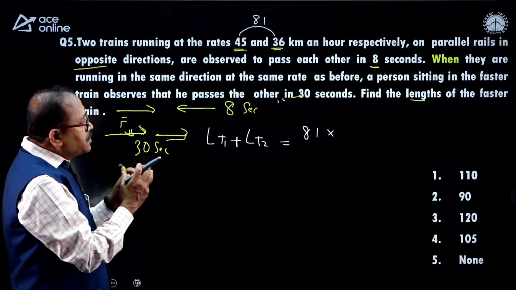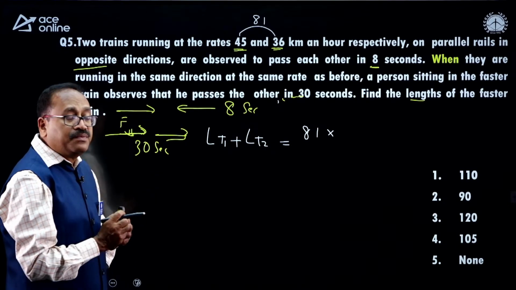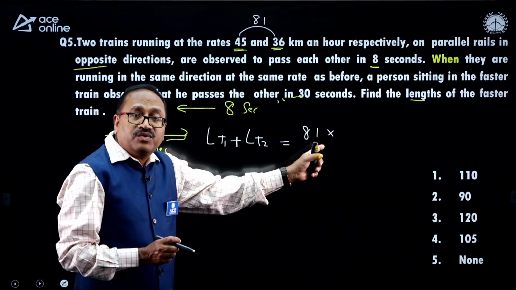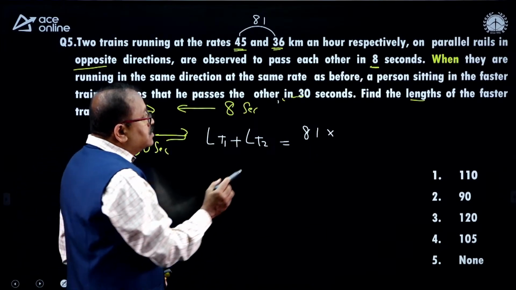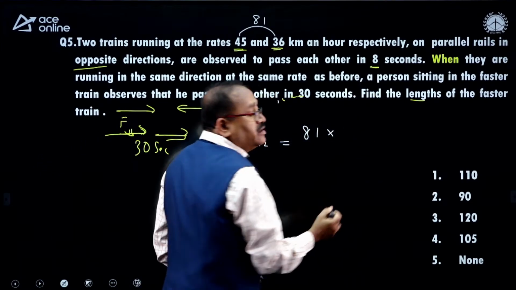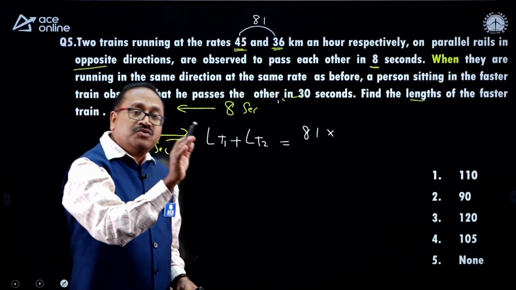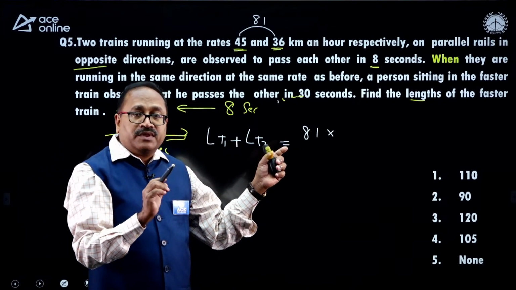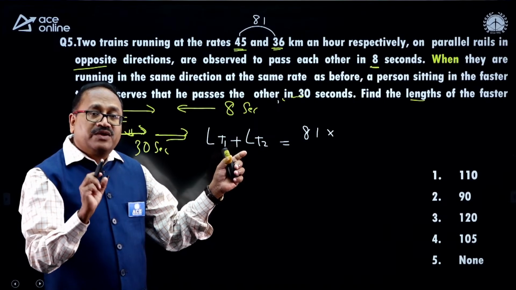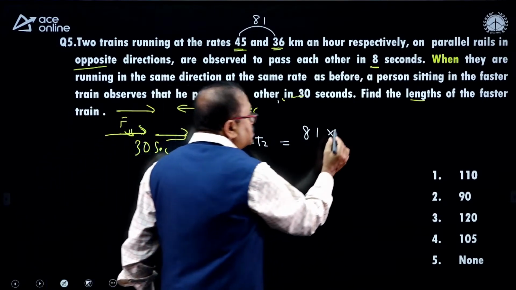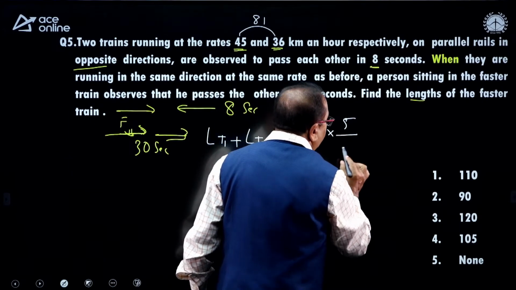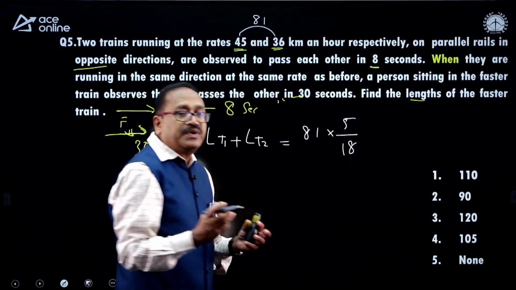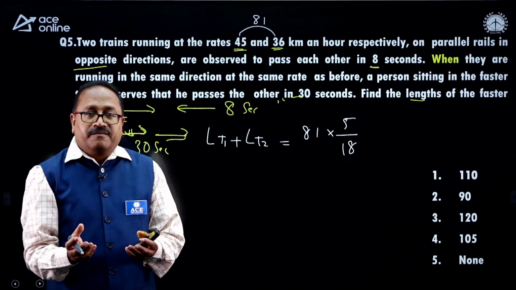Should I multiply this by 5 by 18 or 18 by 5? Because this is in kilometer per hour, whereas this time is given in seconds. Obviously, I need to convert the speed from kilometer per hour to meter per second. For that, I will multiply this by 5 by 18. Now, the speed has become meter per second.